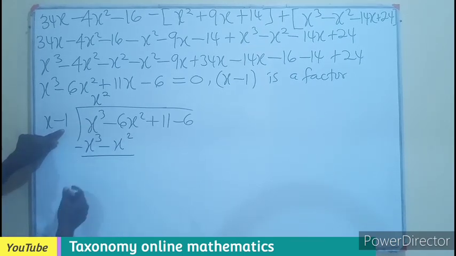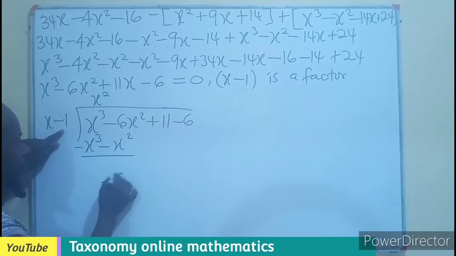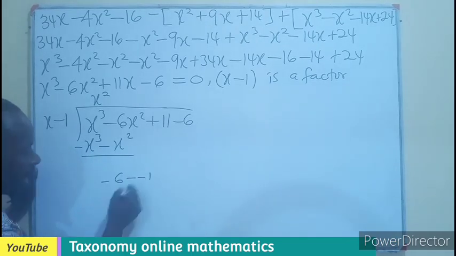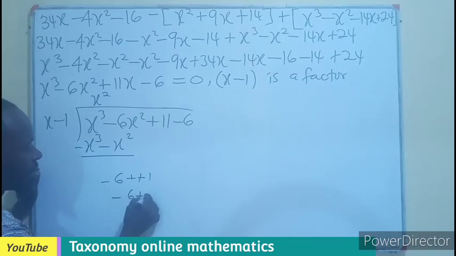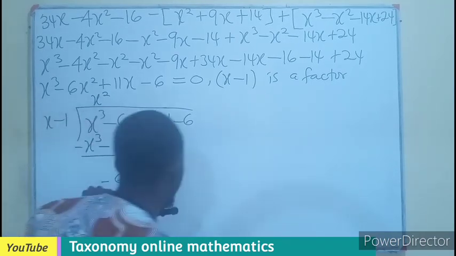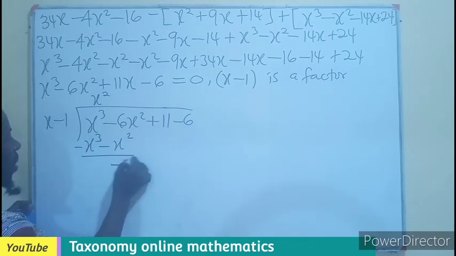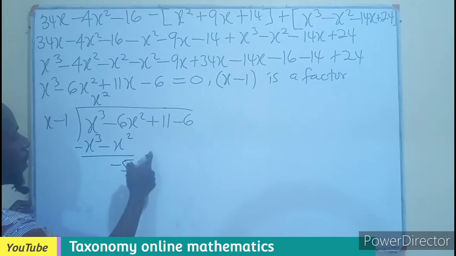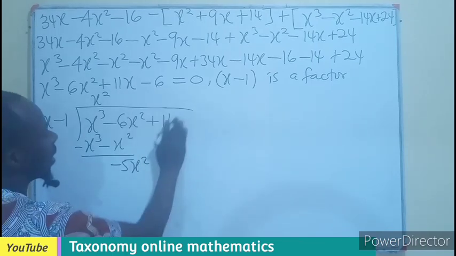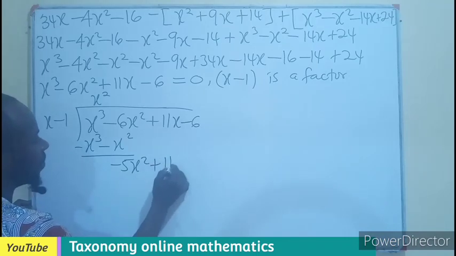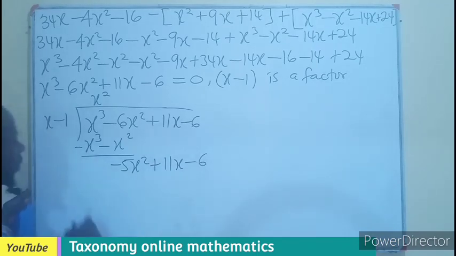Let's subtract. This will be 0. It's going to be minus 6 minus minus 1, and that will be plus. So minus 6 plus 1, we have minus 5. Good. So here I'll be having minus 5x squared. Our 11 is having x. So then we have plus 11x minus 6.